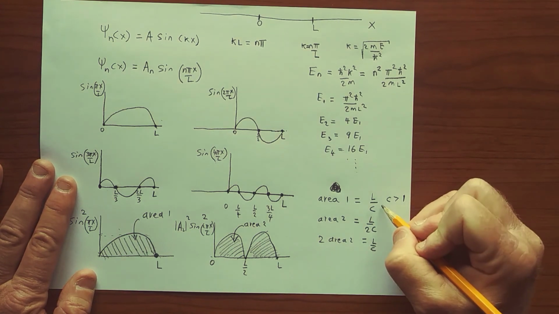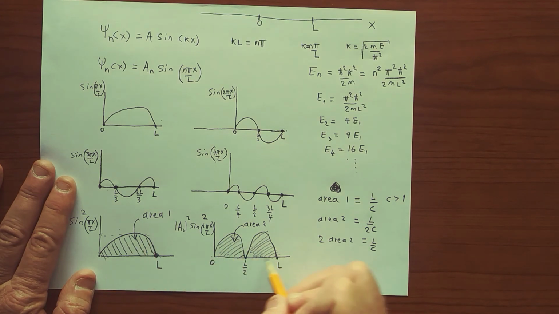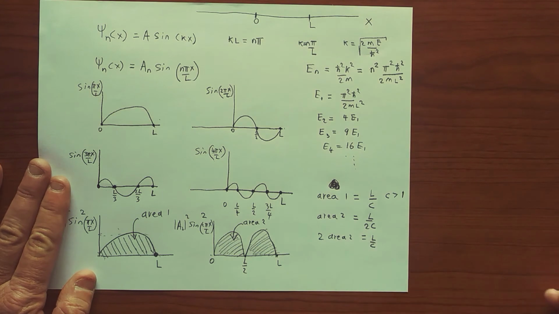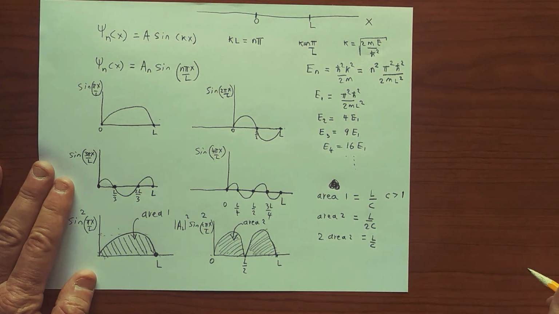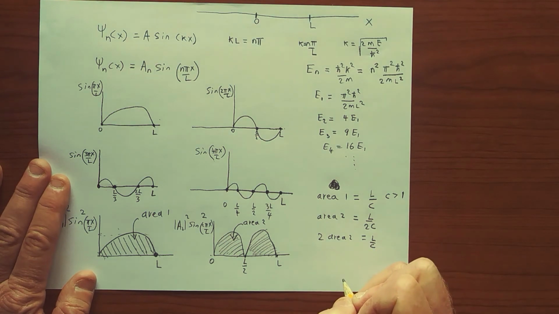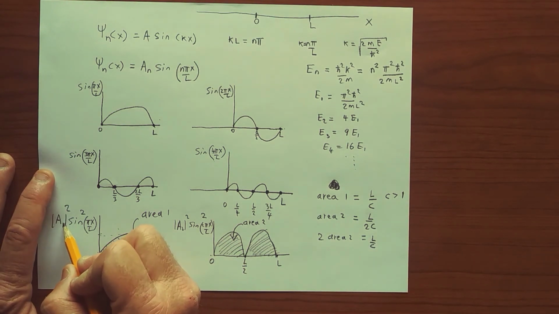And so the point is that this total area is the same as the total area here, and we can continue doing this for higher values of n. And so the point here is that it doesn't matter what the coefficient A1 is.